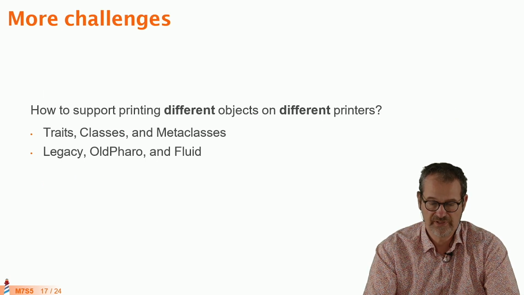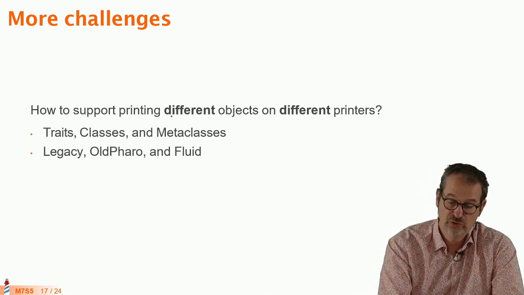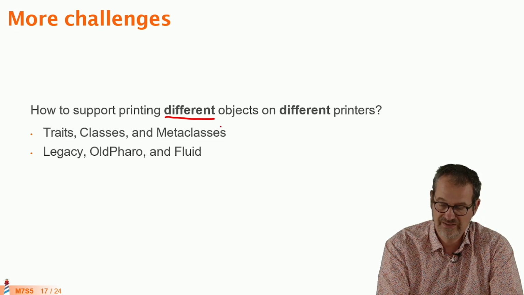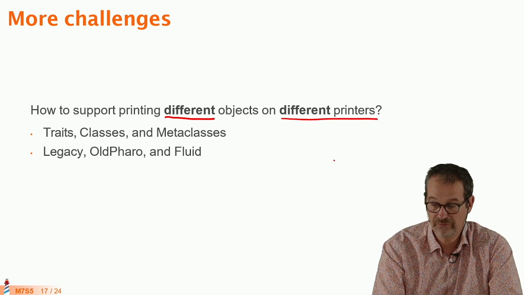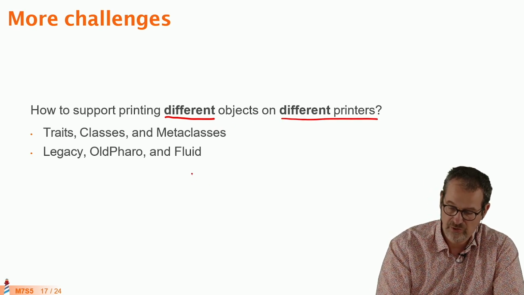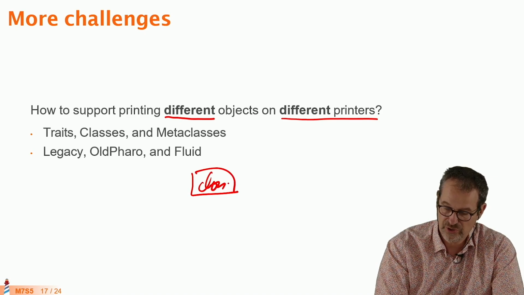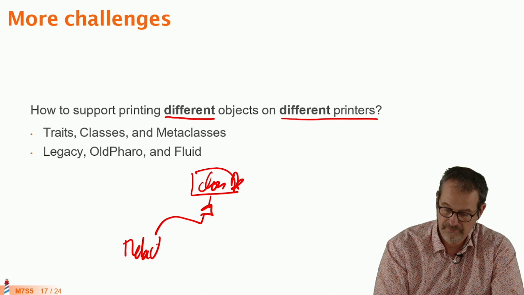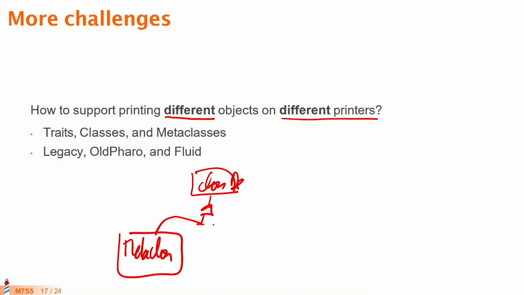But there is more. In fact, we have more challenges than that. For now, we have multiple printers, but in fact, we should support different entities printed by different printers. So at the end, we will have class description, which has metaclass, class, and potentially traits.